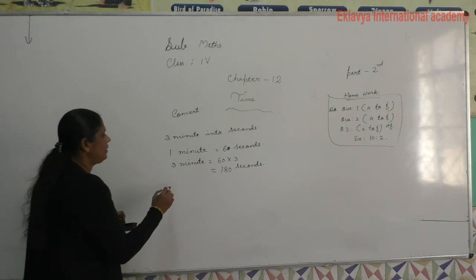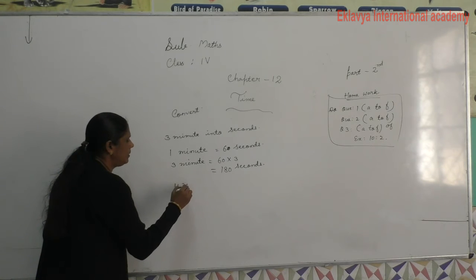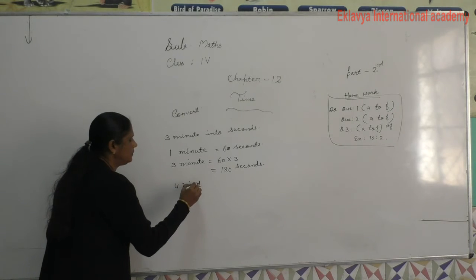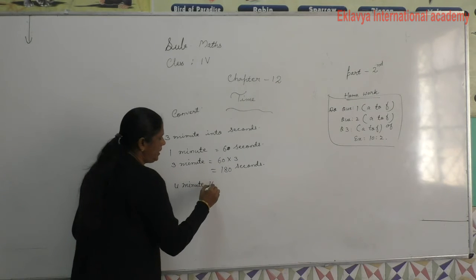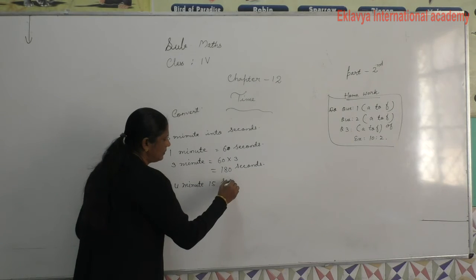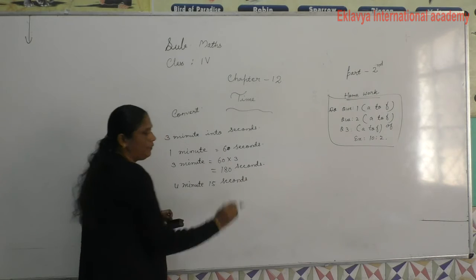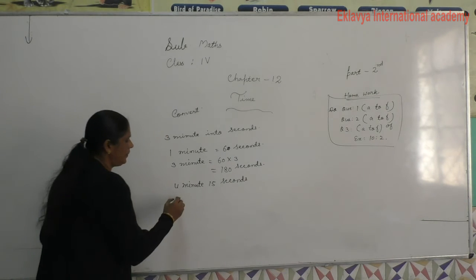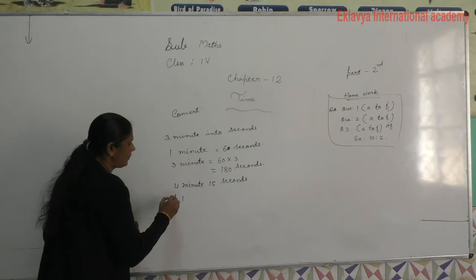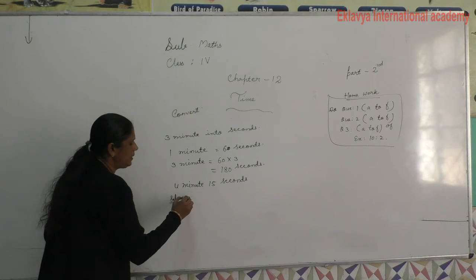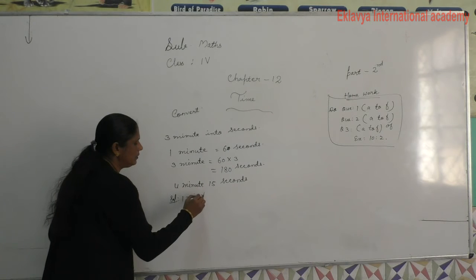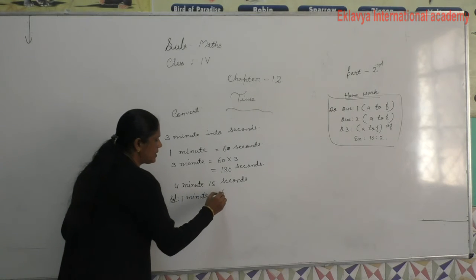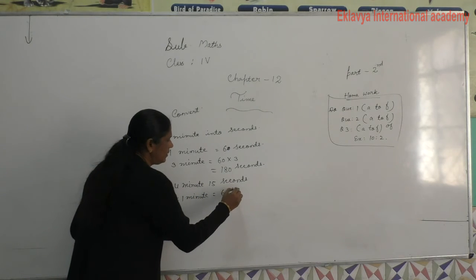Then next question: 4 minutes 15 seconds. Solution: 1 minute is equal to 60 seconds.